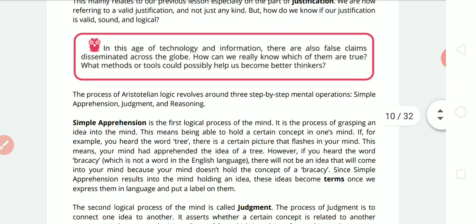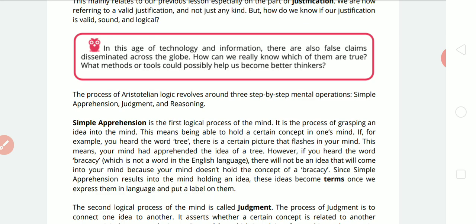So, the process of Aristotelian logic revolves around 3 step-by-step mental operations. So, first one, simple apprehension. Second one, judgment. And third one, reasoning.